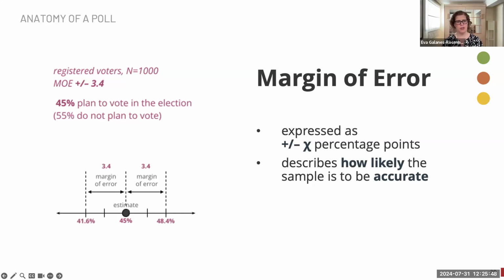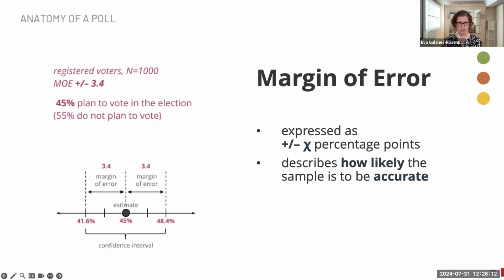So in this case, if 45% of the people in our poll say that they're going to vote, the margin of error tells us that with pretty reasonable confidence, the real number is somewhere between 41.6% and 48.4%. They're in this range. And that range is what we call the confidence interval.